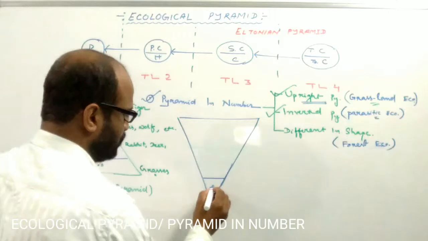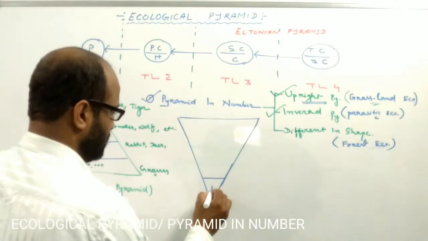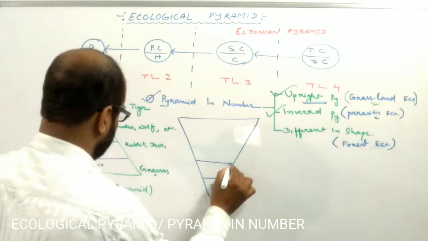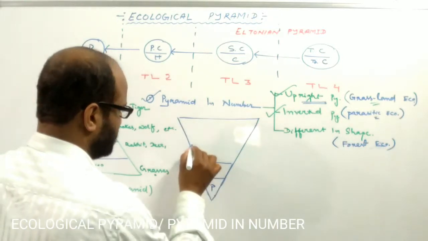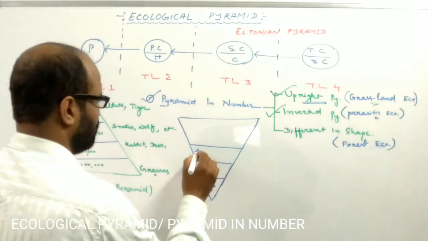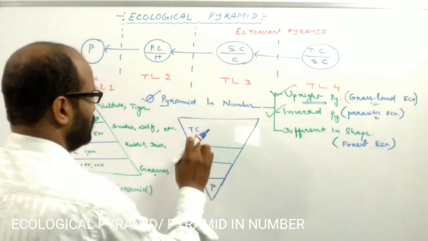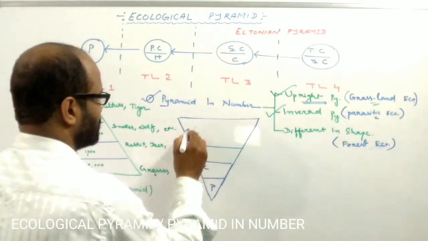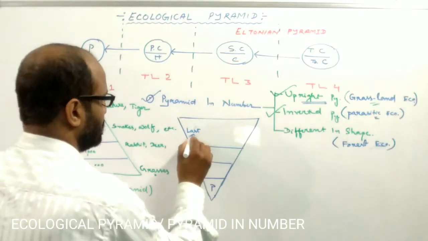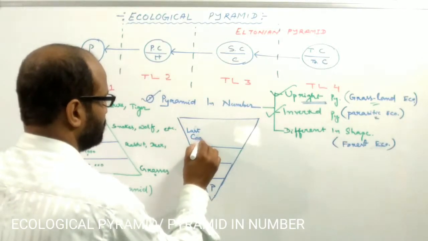pyramid. Suppose that this is the producer trophic level, this is the primary consumer, this is the secondary, and this is the top or the last consumer.